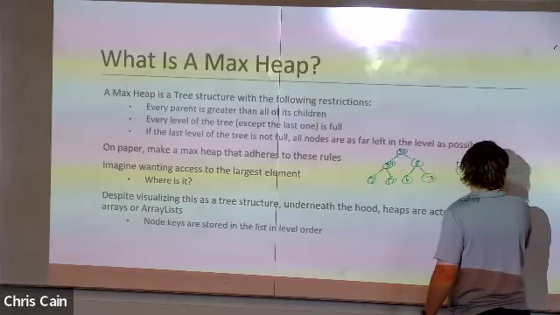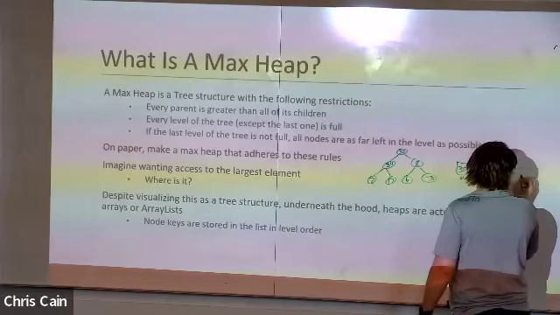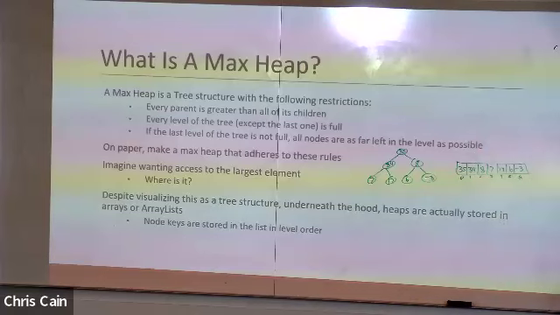Index 0, 1, 2, 3, 4, 5, and 6. So we're storing this in level order. This is equivalent to this, is what I'm going to argue, in terms of getting the same guarantees that we want out of a heap. This represents that concept.